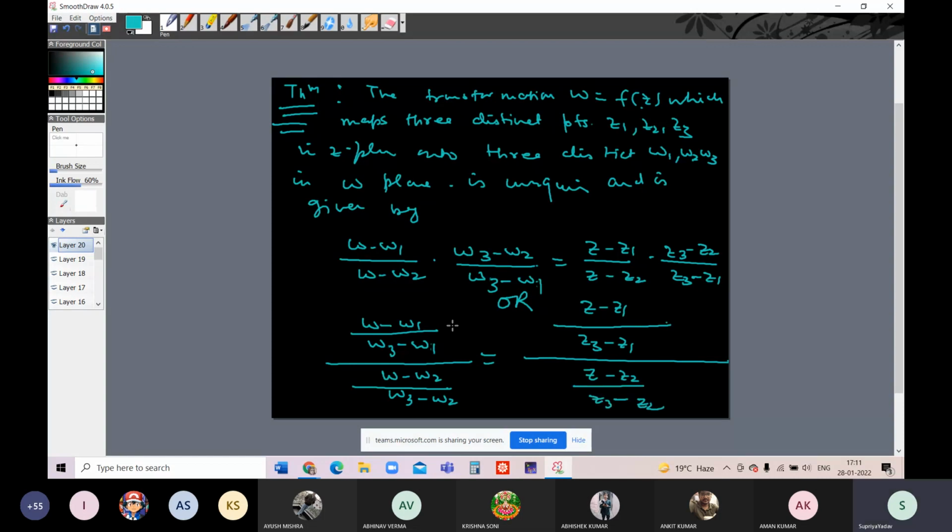It is written in this form also. This is also known as the cross ratio. This map is also known as the cross ratio.